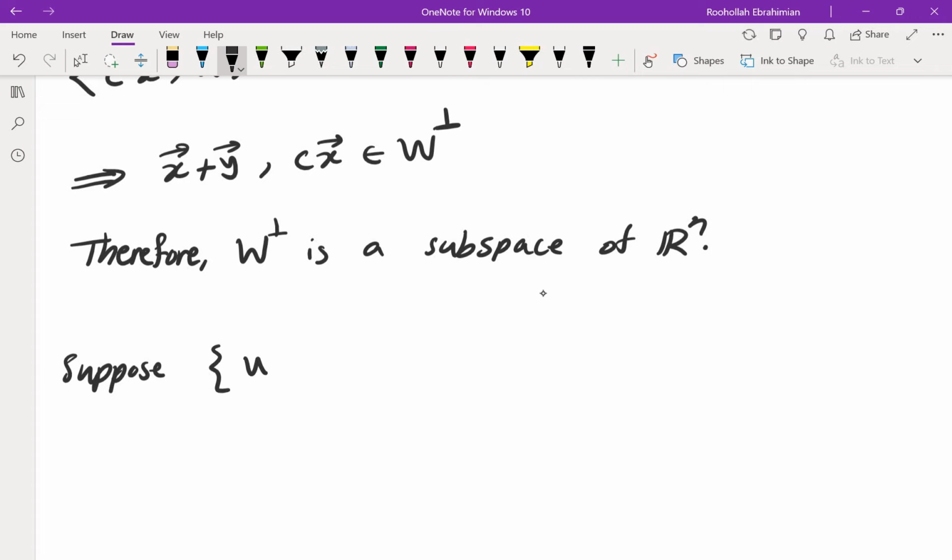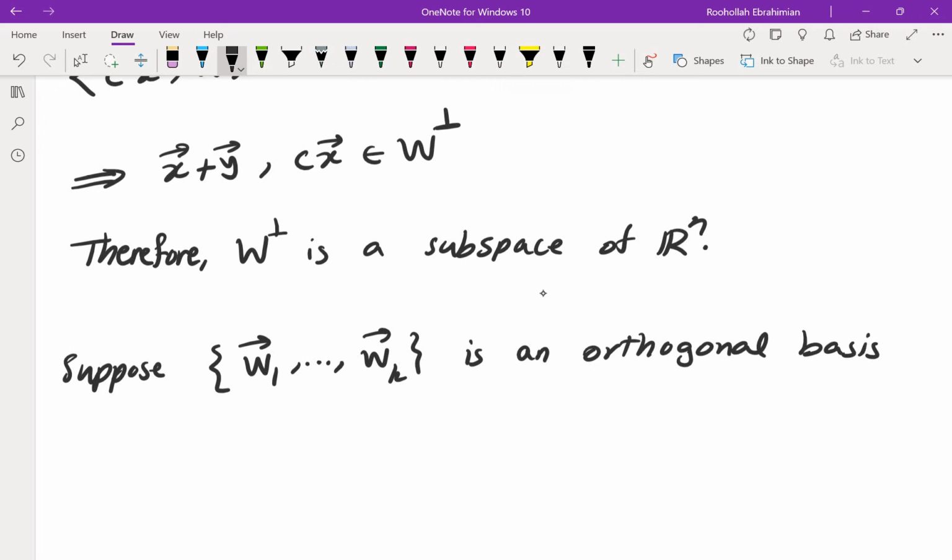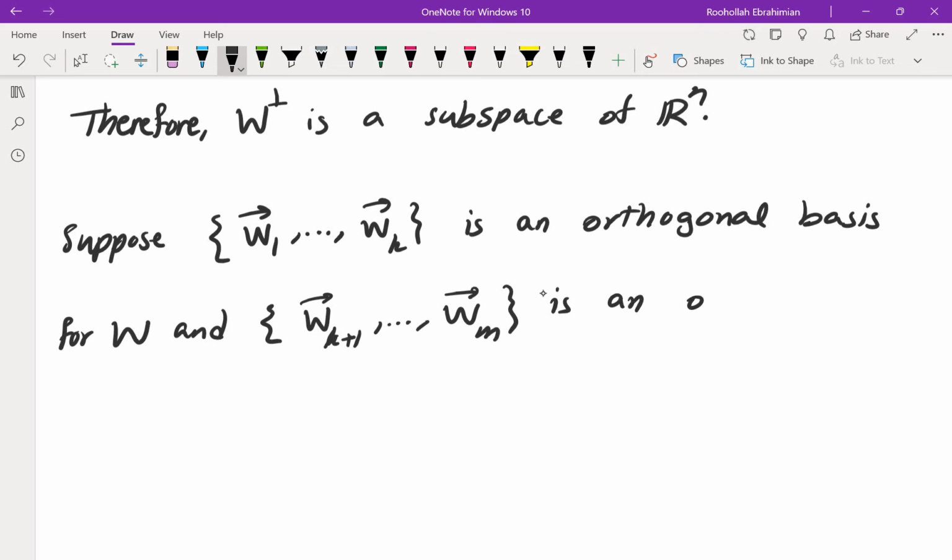Suppose w1 all the way to wk is an orthogonal basis for W, and let's say w(k+1) all the way to wm is an orthogonal basis for W perp.